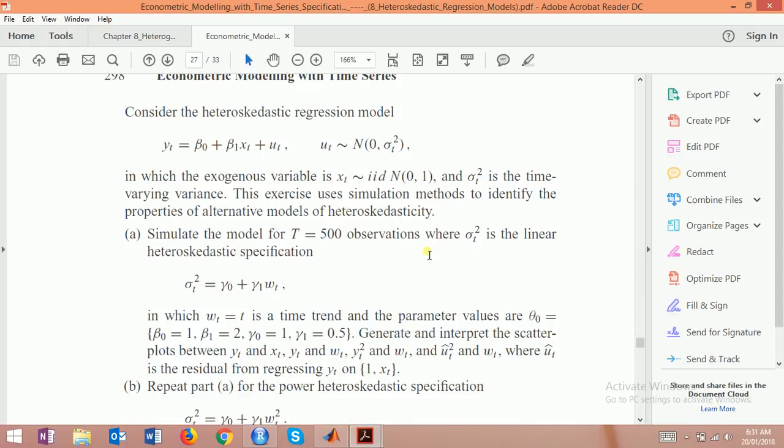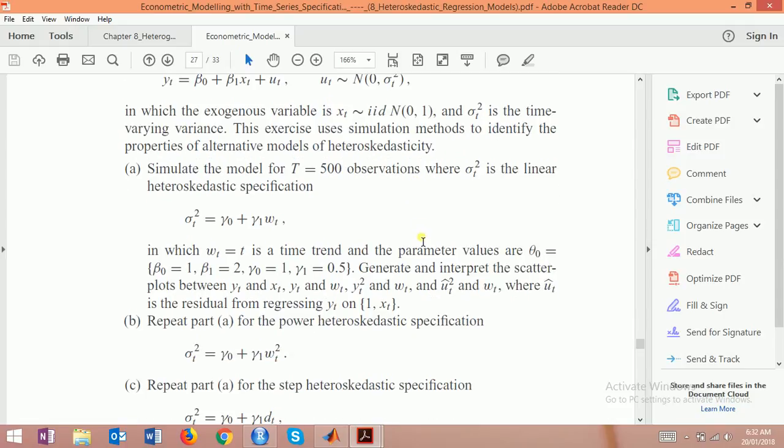Simulate the model with t equals 500 observations, where sigma square is the linear heteroscedastic specification. So we're talking about a linear model with gamma naught plus gamma 1 omega t, in which omega t is a time trend, and initial parameter values theta naught: beta naught equals 1, beta 1 equals 2, gamma naught equals 1 and gamma 1 equals 0.5.